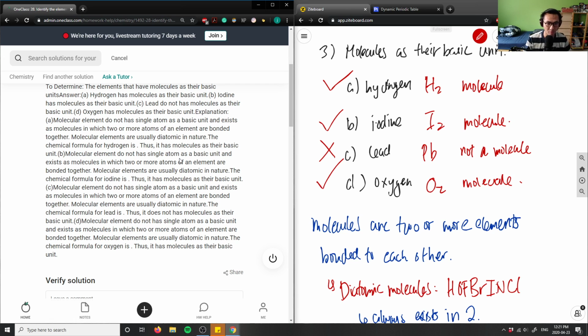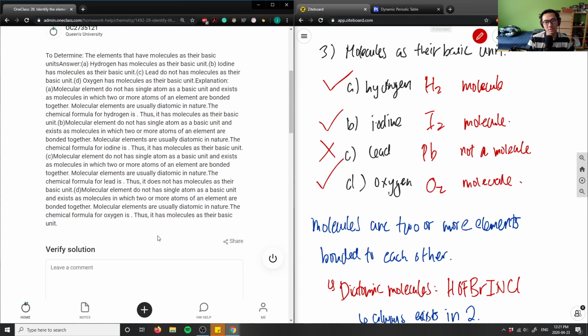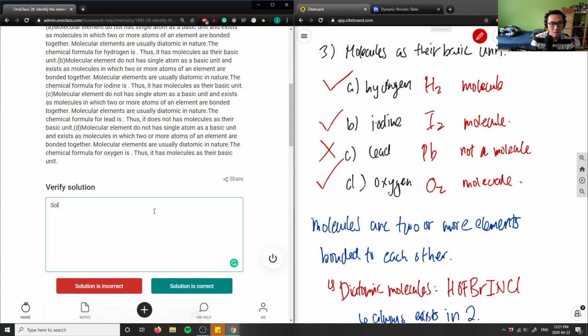The molecular elements are usually diatomic. That's what I said here. That's good. Then they repeated the exact same statements for hydrogen. So this solution is correct. I just don't like their formatting.